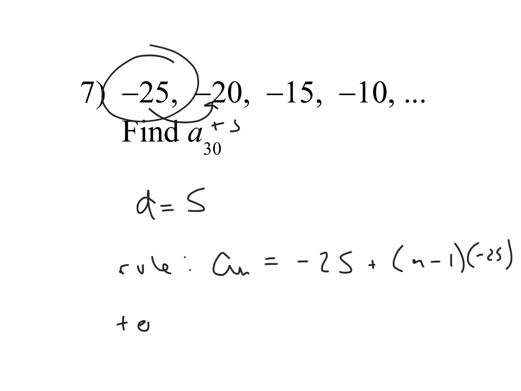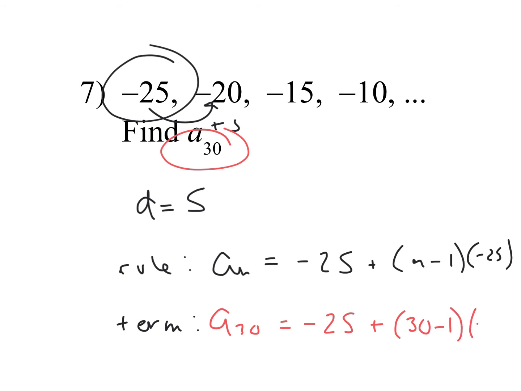And then to find our term, we plug in whatever term it tells us. So here we're plugging in 30 for n. So a sub 30 is equal to negative 25 plus 30 minus 1 times 5, our d.